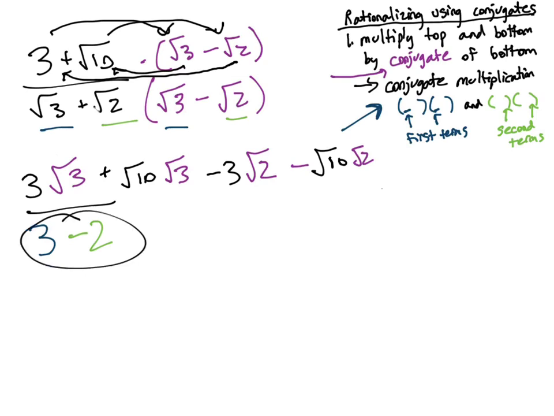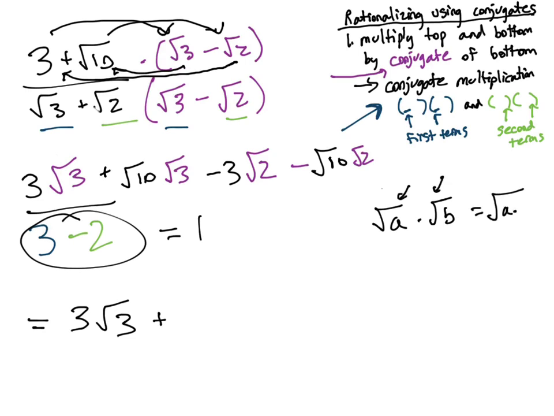Our denominator is just equal to 1 in this case, and anything divided by 1 is itself. So we don't need to write this as a fraction anymore. We can just write this with the terms in our numerator. We've got 3 times the square root of 3 plus, when we multiply together two numbers that are different, but they're both inside of a square root, we keep the square root and multiply those two numbers inside the square root.